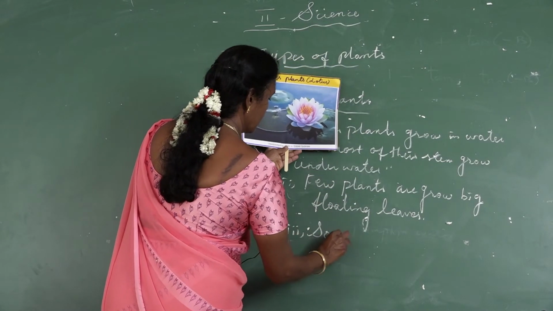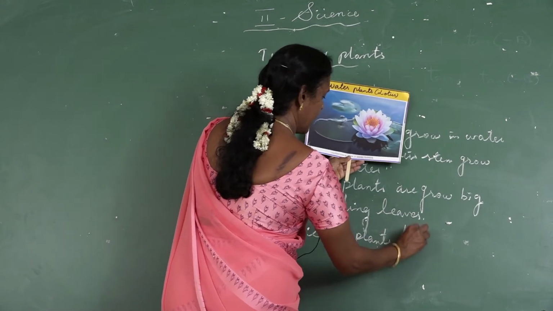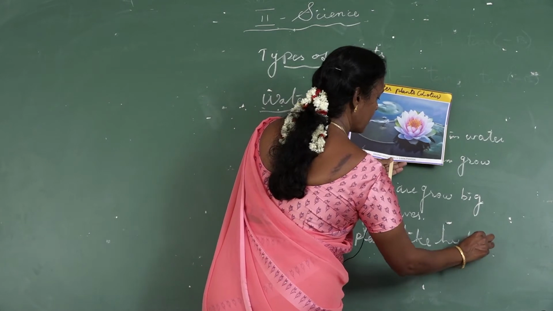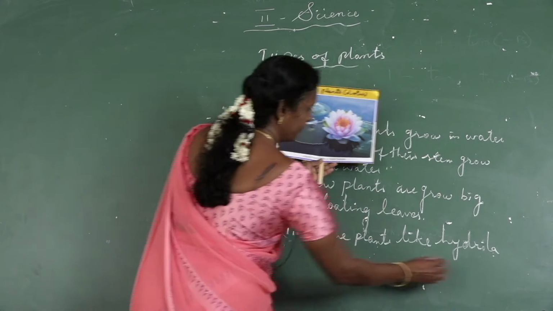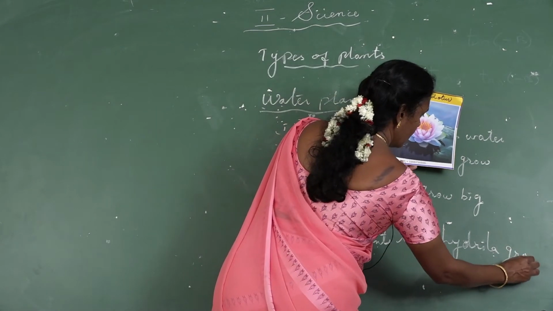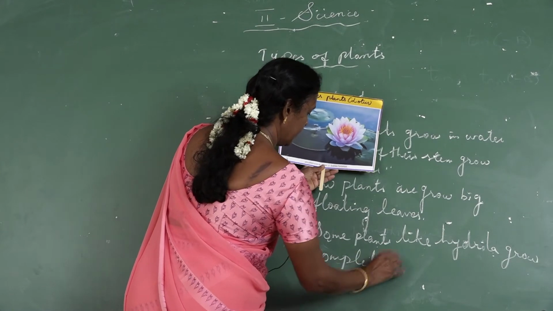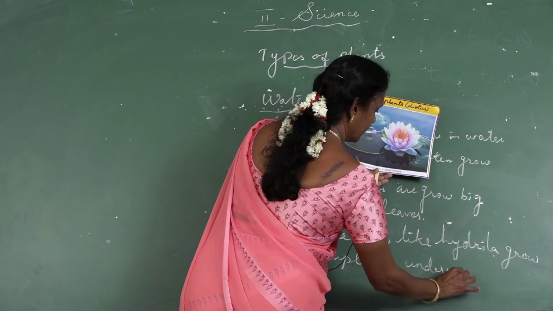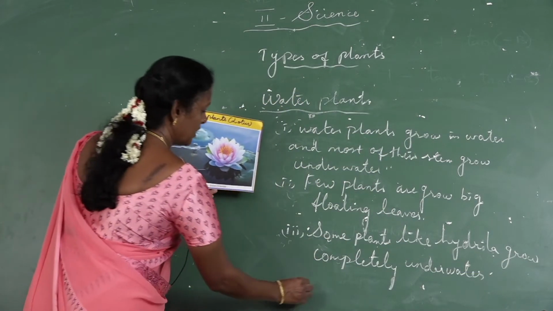Some plants like hydrilla grow completely underwater. So that is called a water plant.